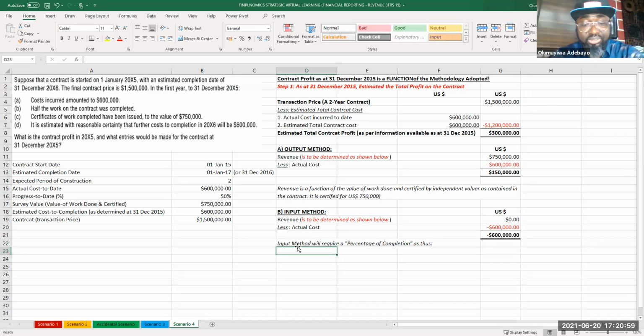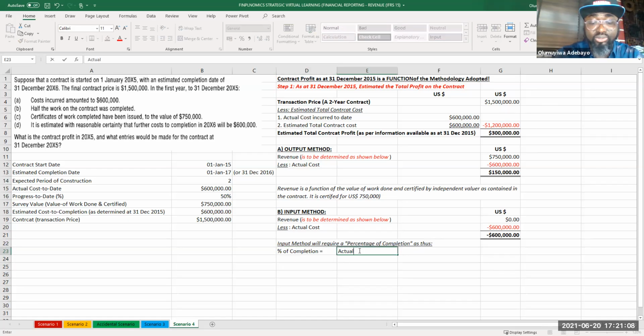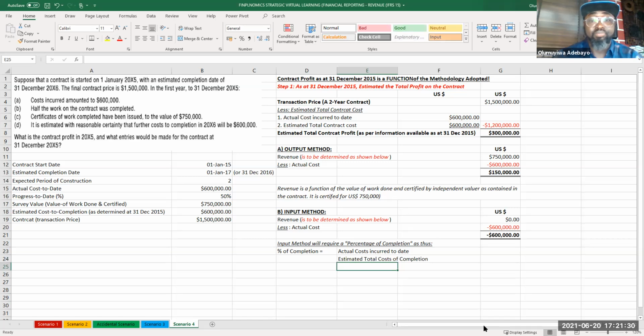The percentage of completion is equivalent to the ratio of the actual cost incurred to date to the estimated total cost of completing the contract as at the reporting date, which is 2015.